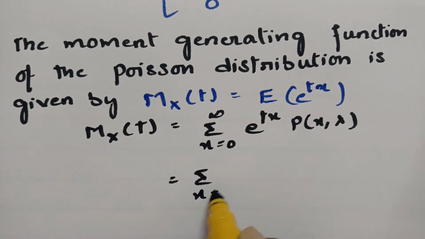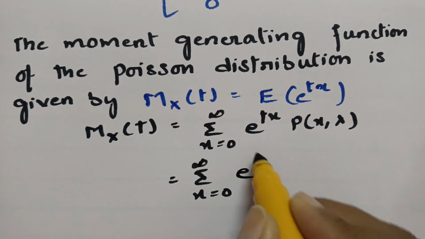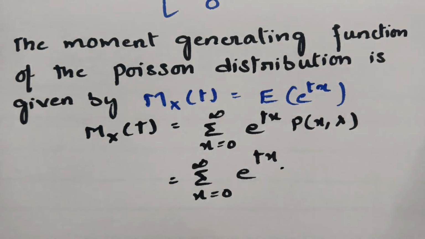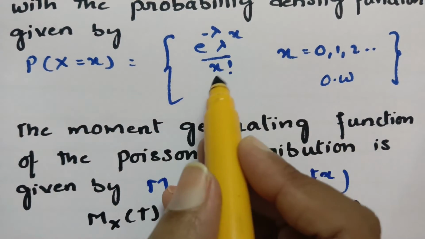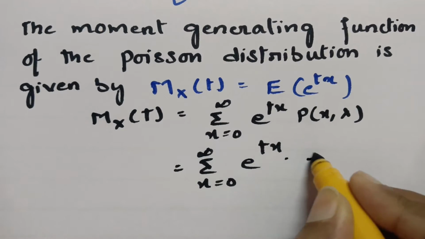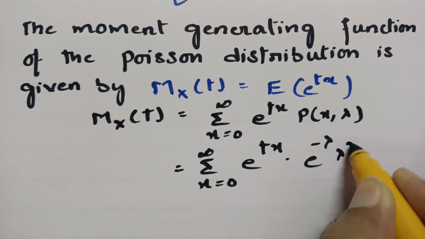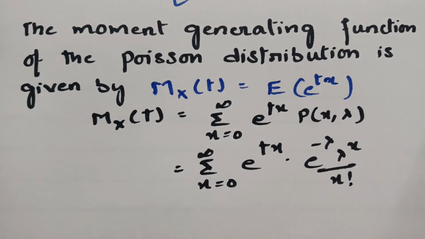So this is sigma x equal to 0 to infinity e power tx, and the probability of X equal to x is nothing but e power minus lambda lambda power x by x factorial.